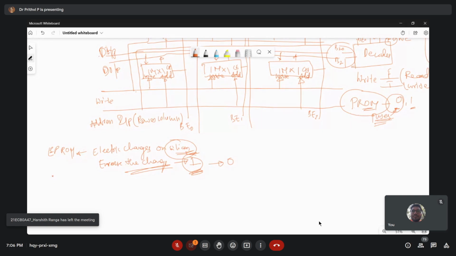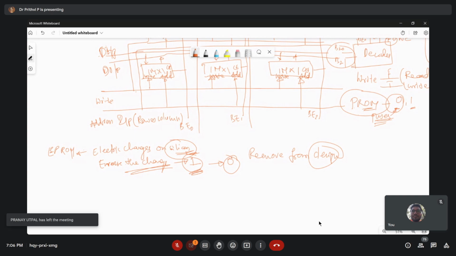But one more thing: when I want to expose this EPROM to a high voltage, I need to remove it from the chip or from the design. I cannot expose it to the high voltage on my design, as it will spoil the other devices.